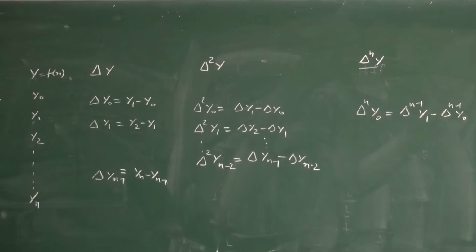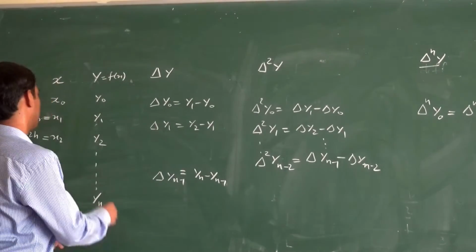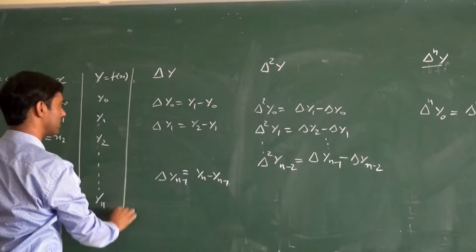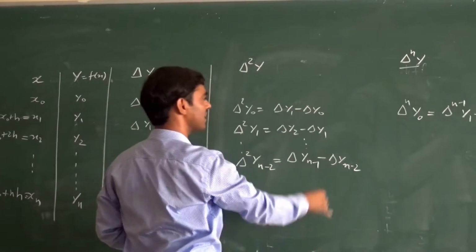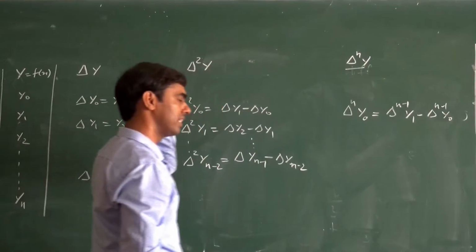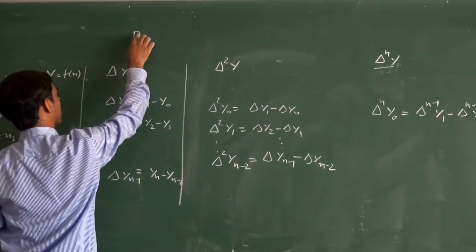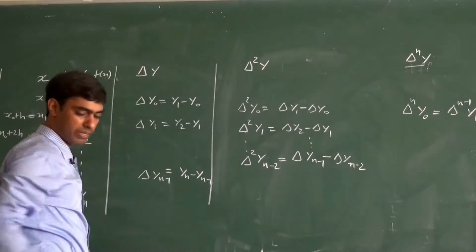If we closely observe this table, this is your first column, this is your second column, similarly the third column, the fourth column, and the nth column. This is called the forward difference table, not just a difference table.